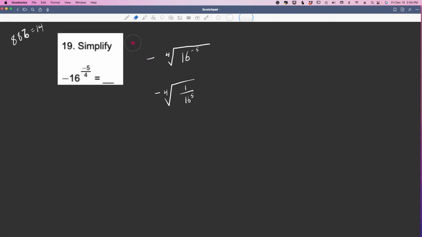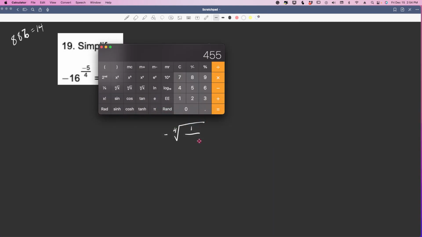All right, you with me so far? So then we're going to take care of this, right? Negative 4th root of 1 over 16 to the 5th power. That's going to be 16 to the 5th power.